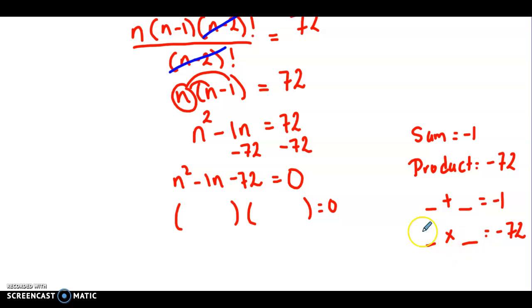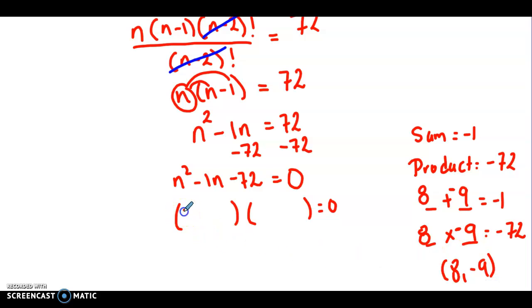Looking at the factors of 72, we can see that 8 and 9 will give us 72, so one of those numbers needs to be negative. Looking at our sum, we need to add those 2 numbers to give negative 1. So 9 has to be the negative number. 8 and negative 9 works.